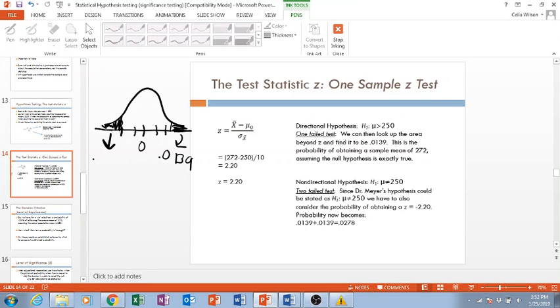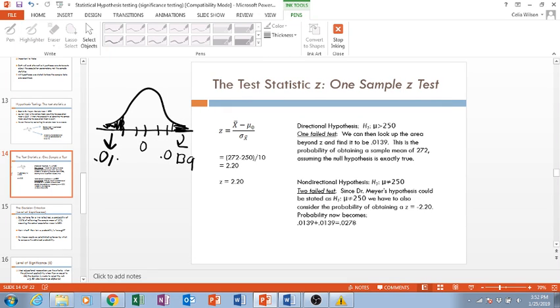So we also have the 0.0139 on this side. And so like you can see here, what we do is we add those two together. And so this is what we call a two-tailed test because we're looking in both tails. This up here is a one-tailed test because we only care about this one side. But this is a two-tailed test. When we add them together, we of course get this value.